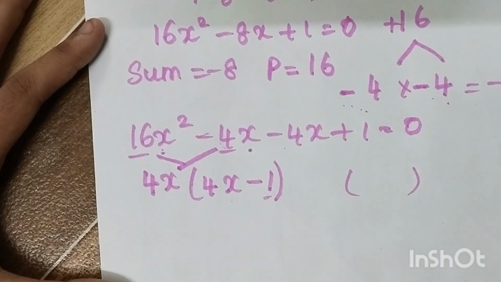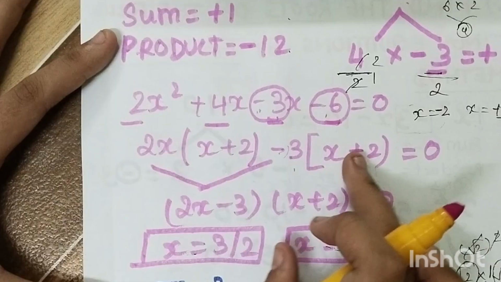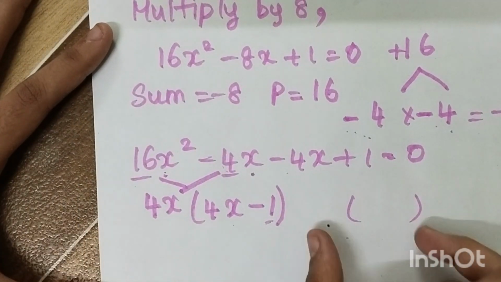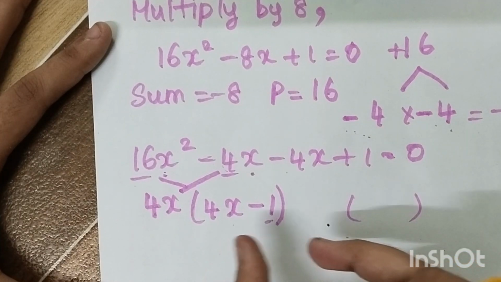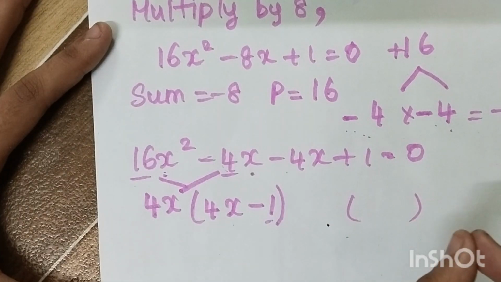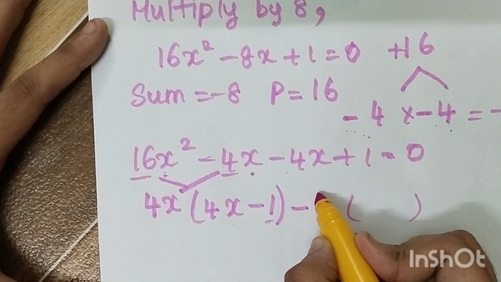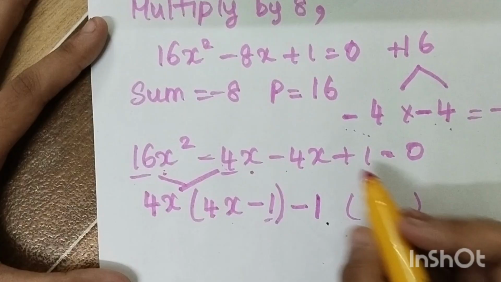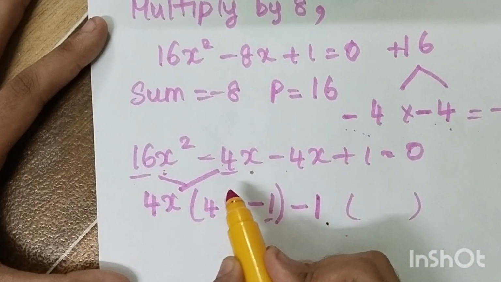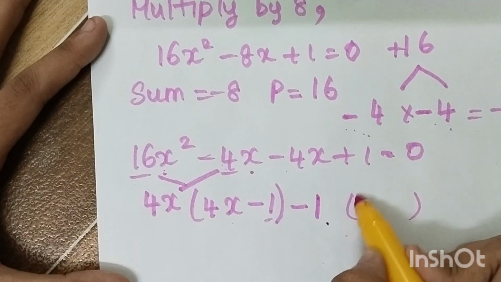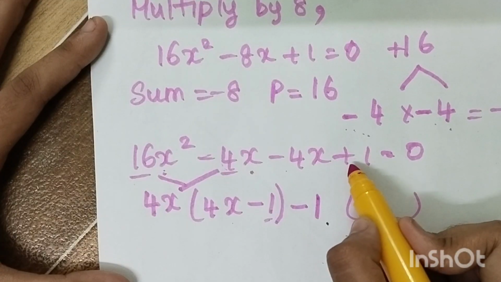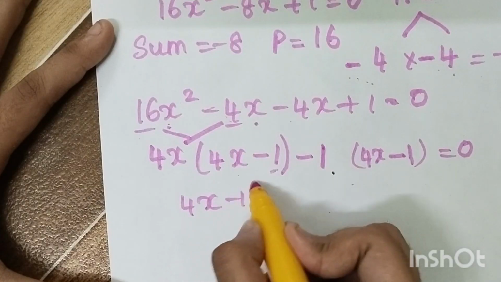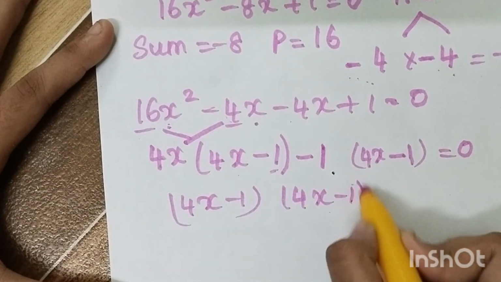As in all our previous sums, the signs must also be the same. If I take the minus as common out, −4x will become +4x, and +1 will become −1. So it is equal to 0. So 4x − 1 and 4x − 1 is equal to 0.